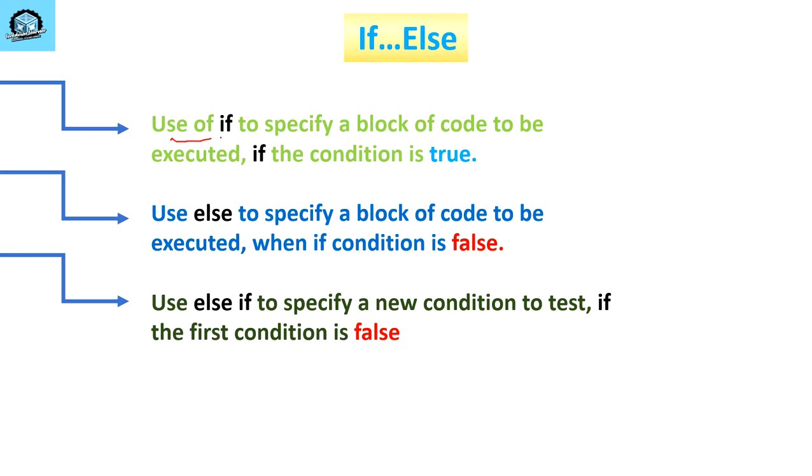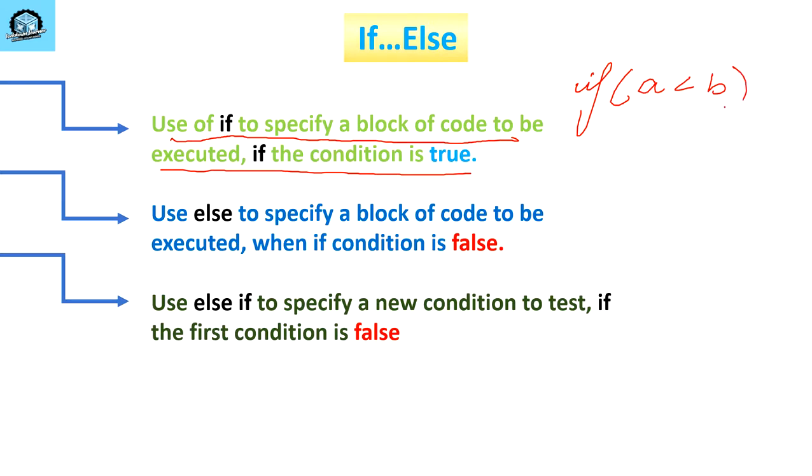The use of if is to specify a block of code to be executed if the condition is true. Suppose I'm writing if a is less than b, then a equals 0. Here we are having a as 2 and b as 3. So is this condition true or false?